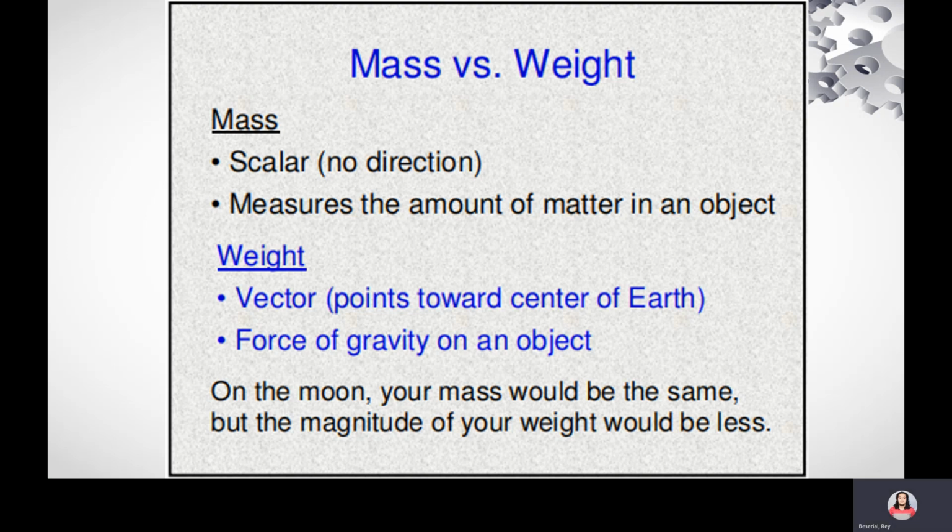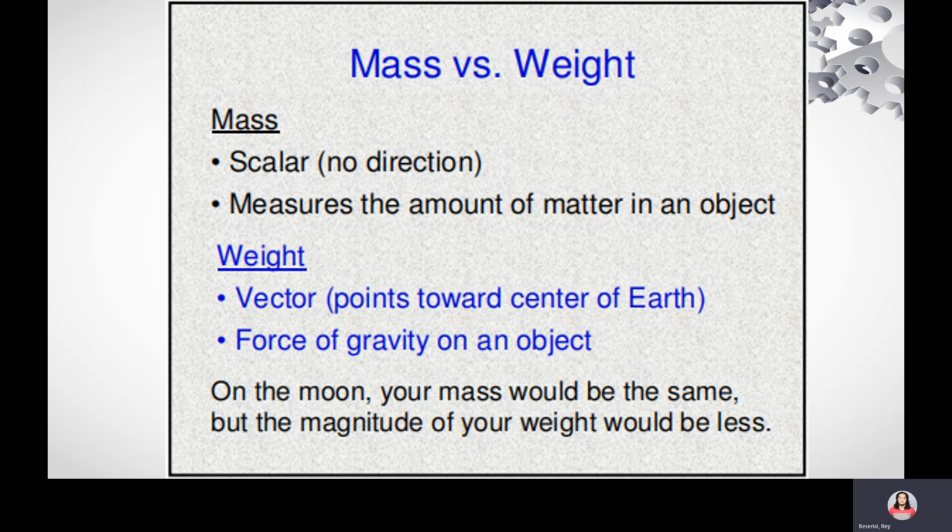And then ang weight naman is a vector quantity. Meron siyang magnitude and direction. Yung direction niya, it points towards the center of the earth. Ang weight is the force of gravity on an object. Ang formula niyan is mass times gravity.